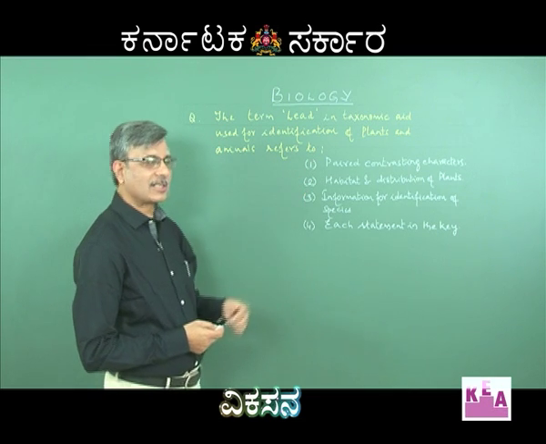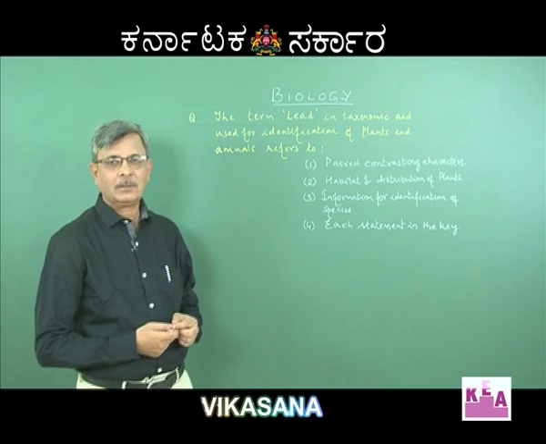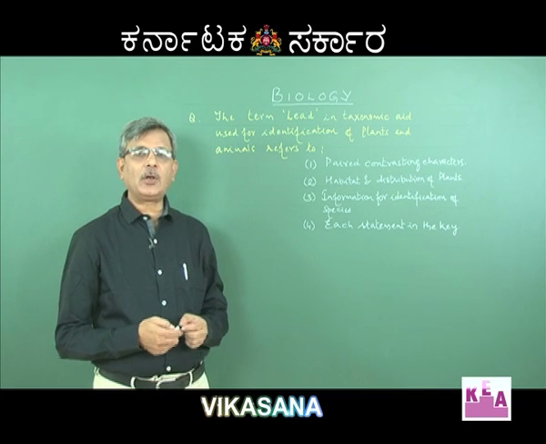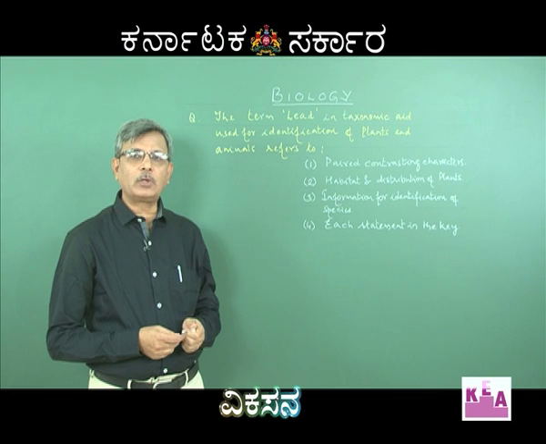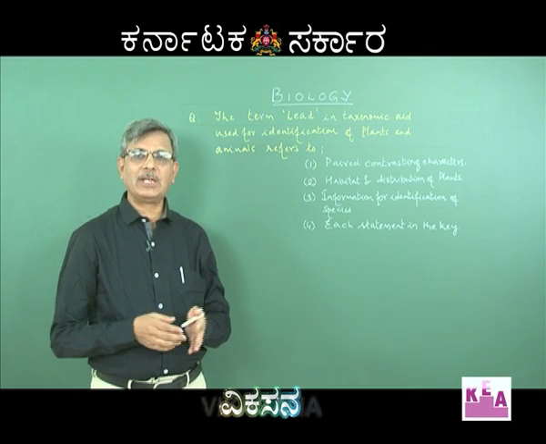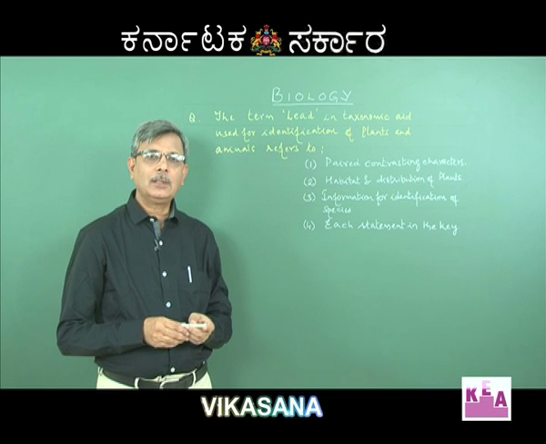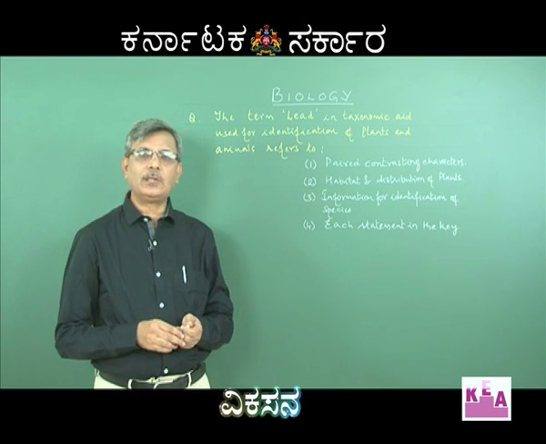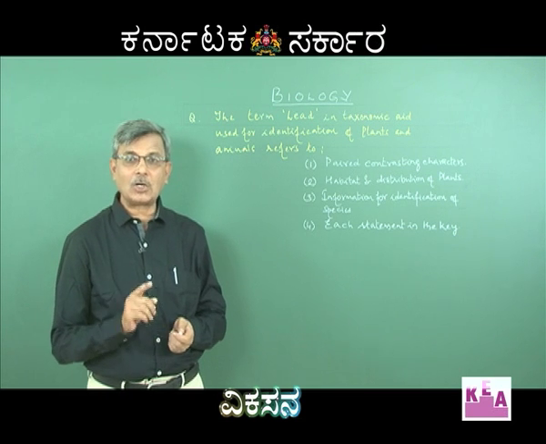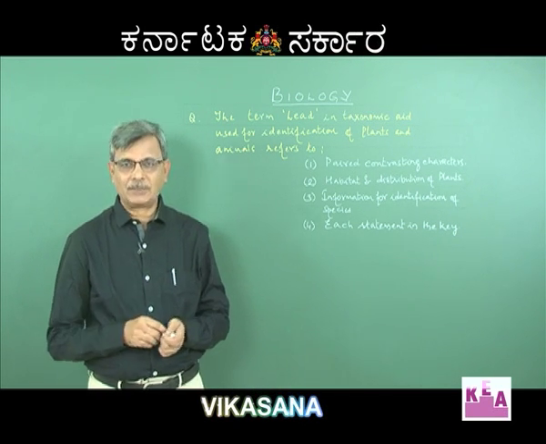Let me come to the first statement, paired contrasting characters. Remember, to identify an organism, this is very important. We are going to look into the statements of opposite nature, what we call contrasting characters. For example, if we come across a snake, to identify whether the snake is venomous or non-venomous, the first thing that we look is the tail.